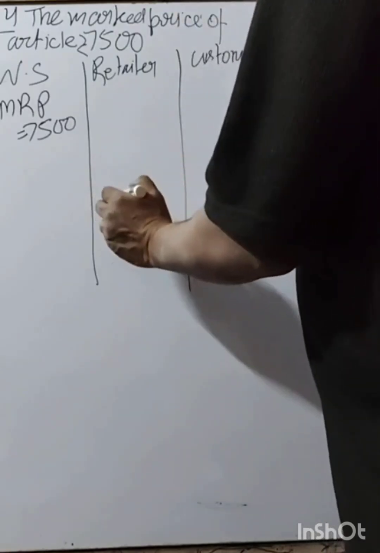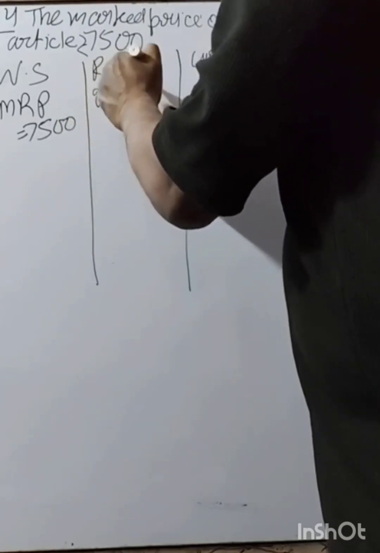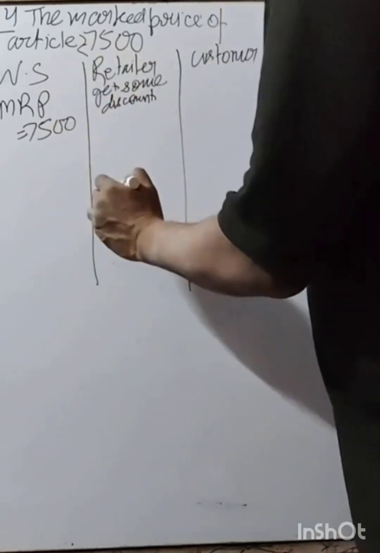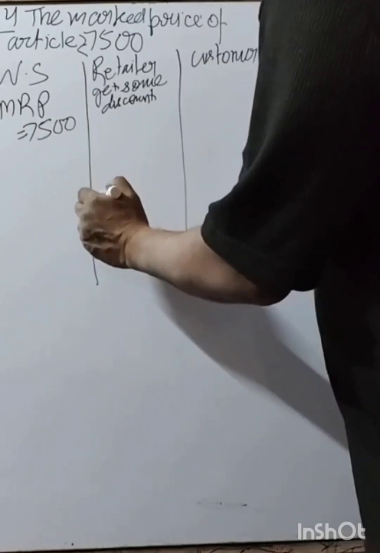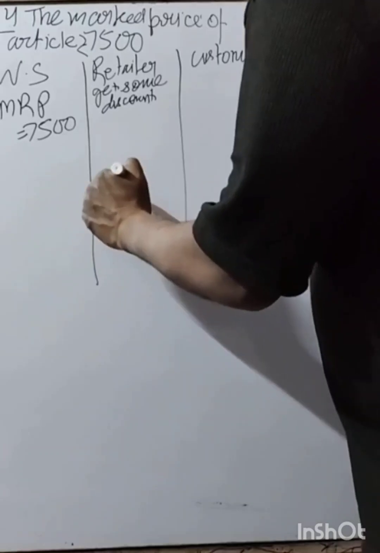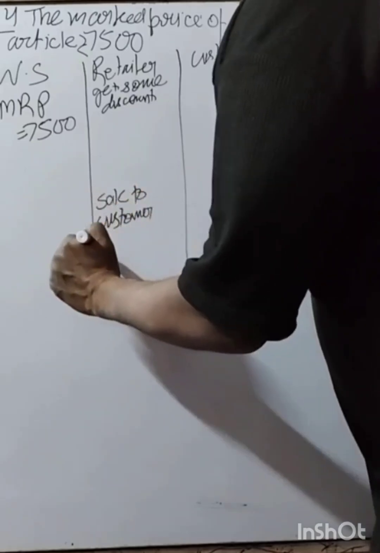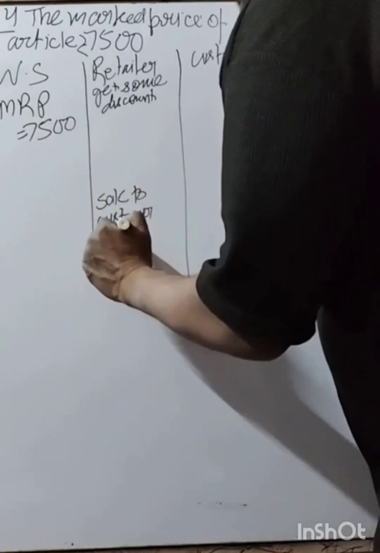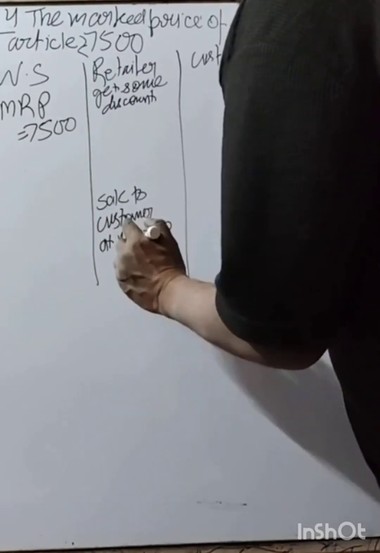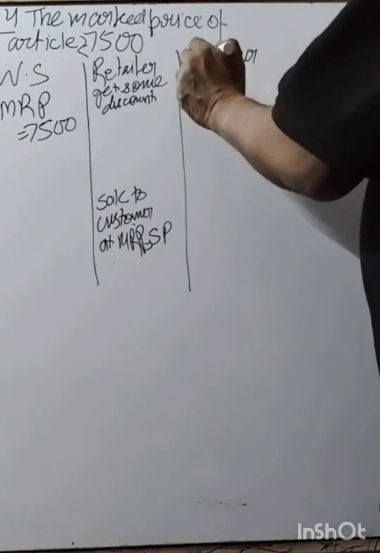So the marked price is equal to the selling price, or we can write MRP is equal to SP.